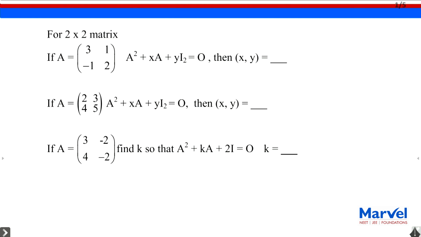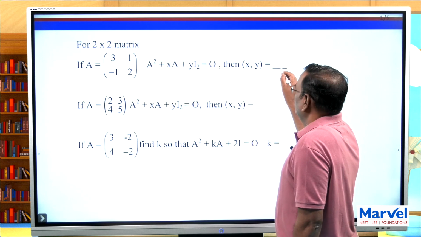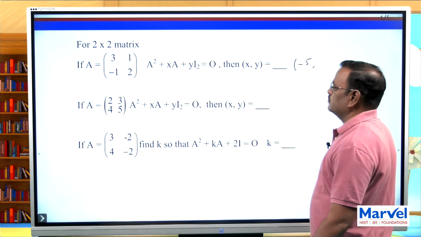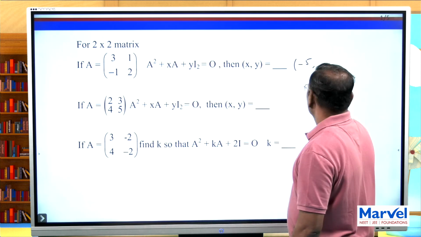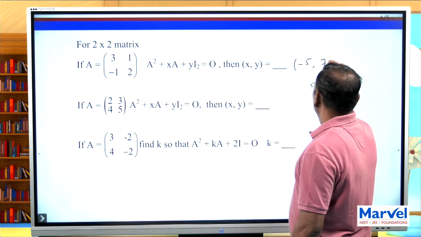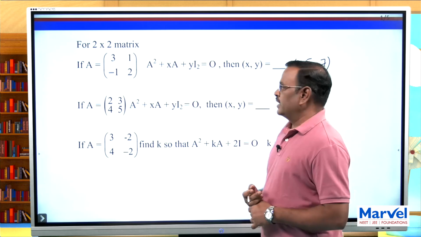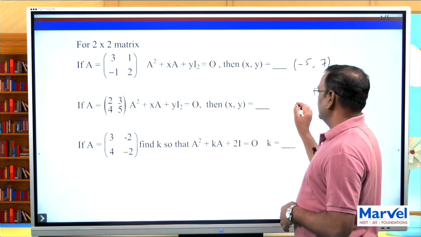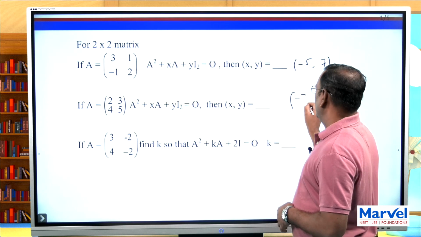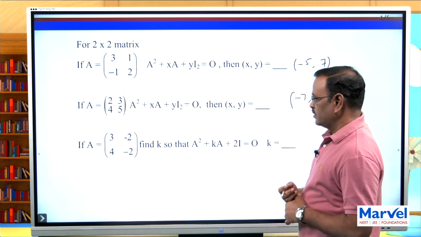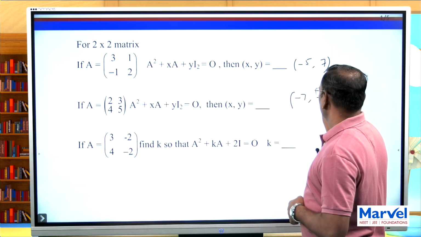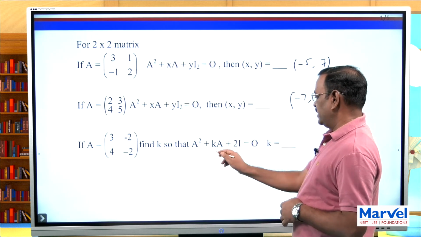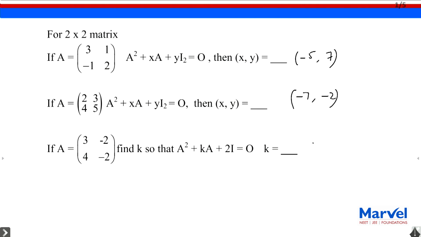Actually, for the first case x equal to minus 5 and y equal to 7, for the second case x equal to minus 7 and y equal to minus 2, and for the third case only k is given, where k equal to minus 1.